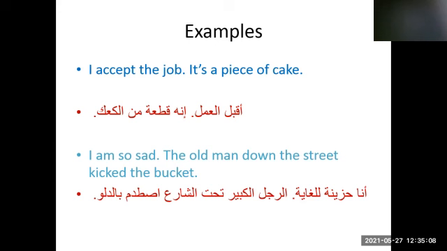So these are the things that we need to keep in mind whenever we are starting a process of translation. Equivalence, function, culture, and we have learned the abbreviations ST, source text, TT, target text.